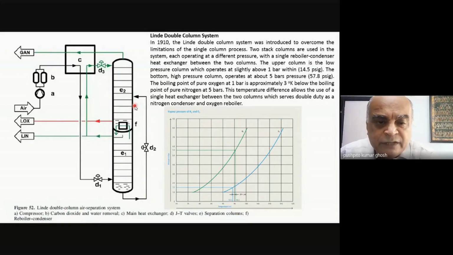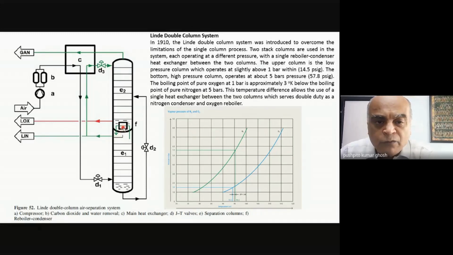Now what happens is something very interesting. In both cases, you'll have oxygen towards the bottom of the column and nitrogen towards the top. But over here, I have a very interesting situation where this oxygen is, as I said, at a lower temperature than the nitrogen vapors.